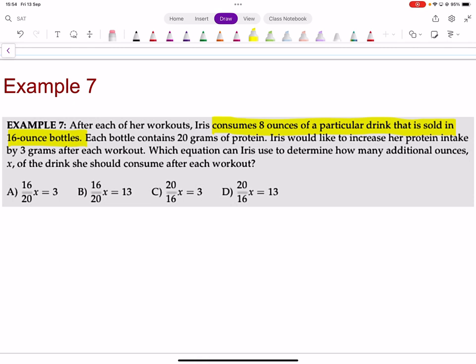Each bottle contains 20 grams of protein. She would like to increase her protein intake by 3 grams after each workout. Which equation can she use to determine how many additional ounces of the drink she should consume after each workout?